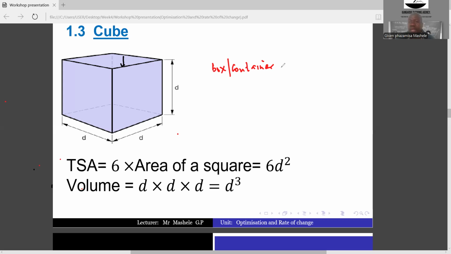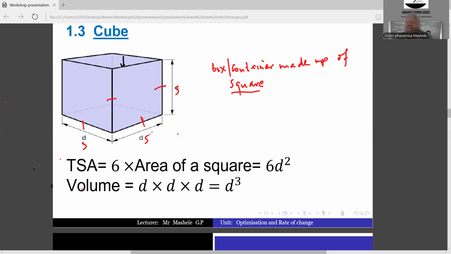Now we're using squares, we're not using rectangles. So in a cube, all the sides are equal. Since it's a 3-dimensional shape, we're supposed to have the length, the breadth, and the height. But we no longer have length, breadth, and height because all the sides are equal. So we just call them the sides, or you can call them D, D, D.